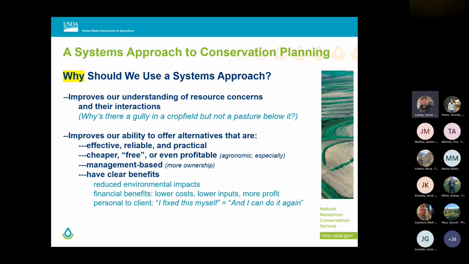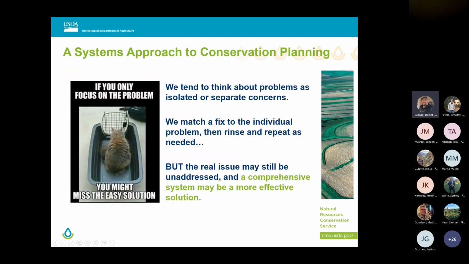So again, looking at those systems, giving those alternatives that allows that producer the most ease in solving those resource concerns. Doesn't always have to be a structural practice. A lot of times we can look at increasing our systems approach with management practices that might take the place of a more expensive structural practice.